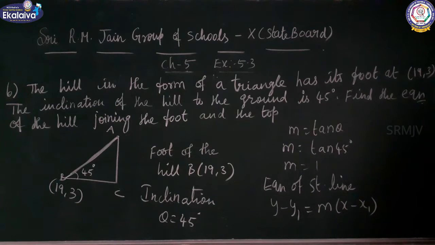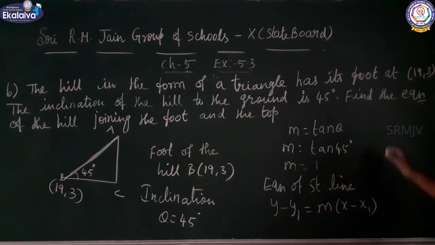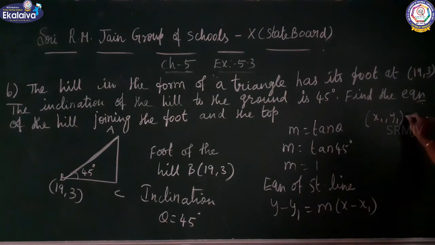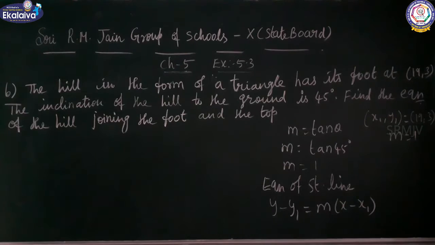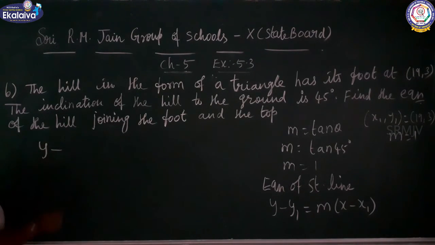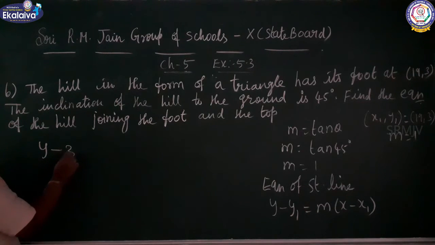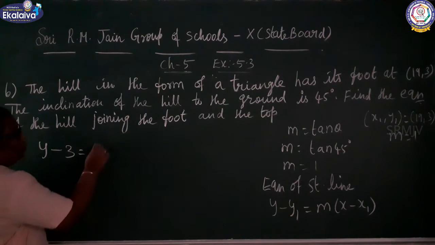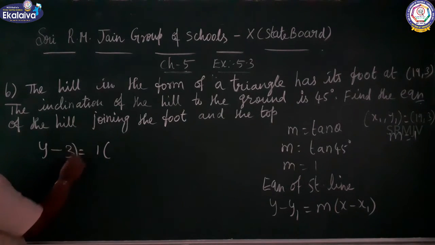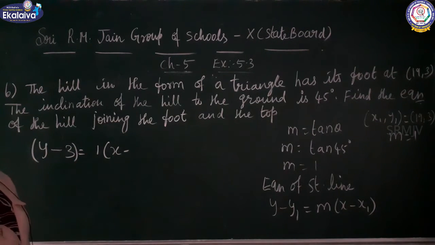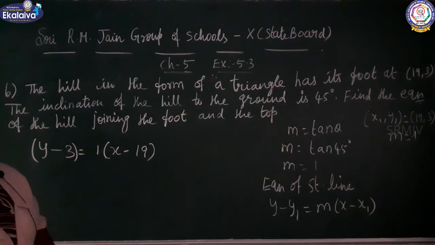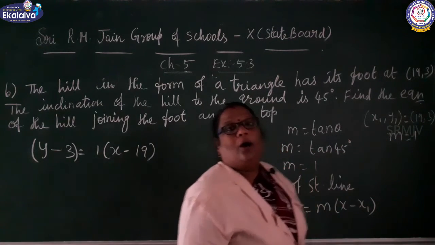The x1, y1 value is nothing but 19, 3, and then m equal to 1. See, y minus y1: y1 is 3, equal to m, 1, into x minus x1, and x1 is 19.